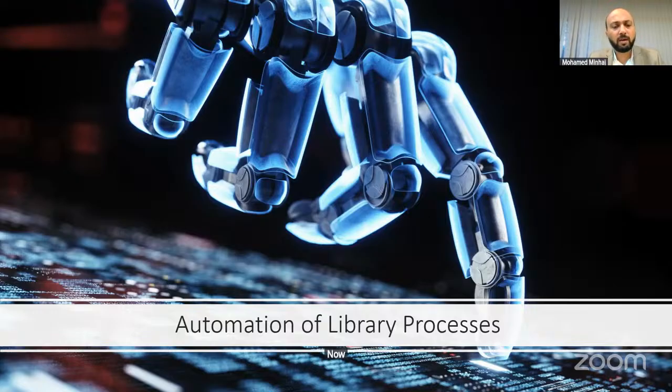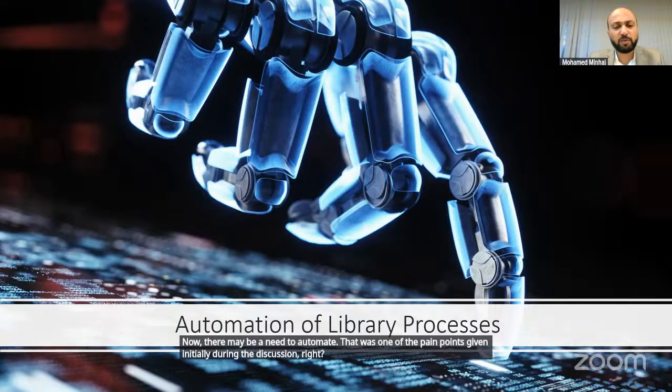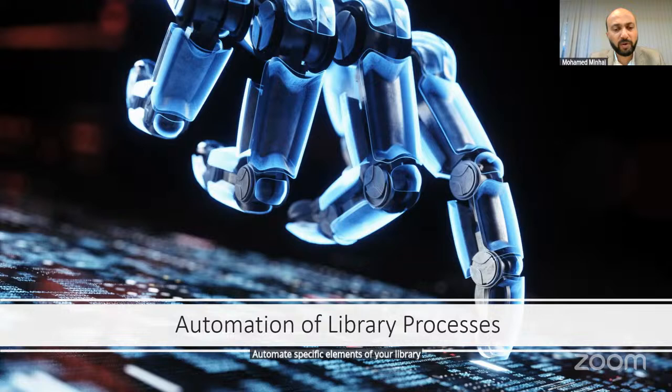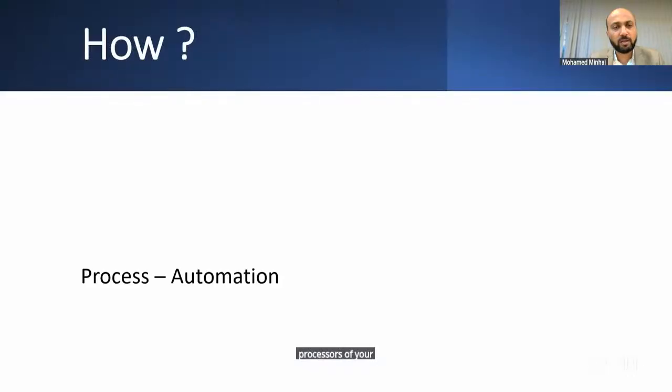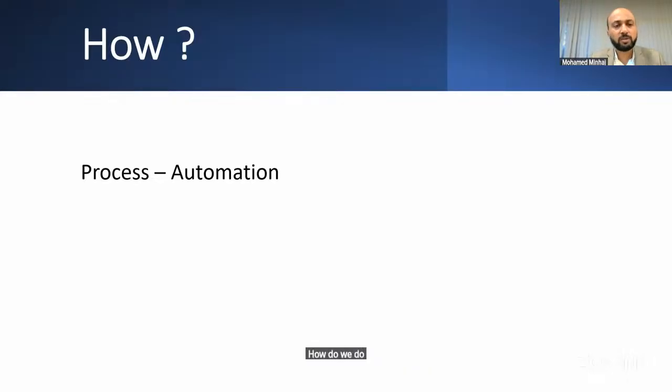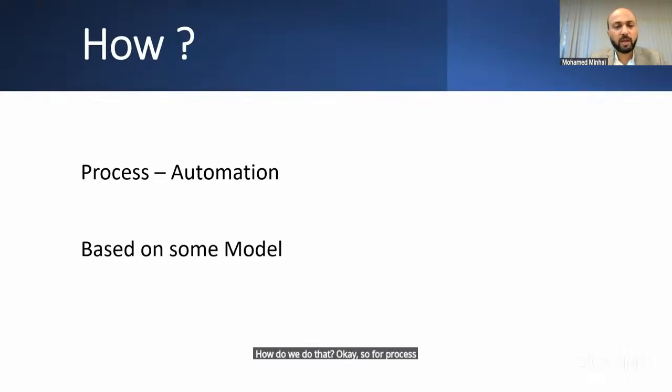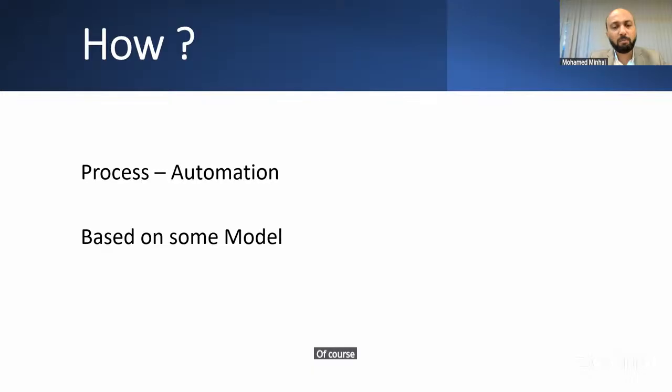Now, there may be a need to automate. That was one of the pain points given initially during the discussion, right? Automate specific elements, specific processes of your library activities, right? How do we do that? For process automation, of course, we need to bring in some model.